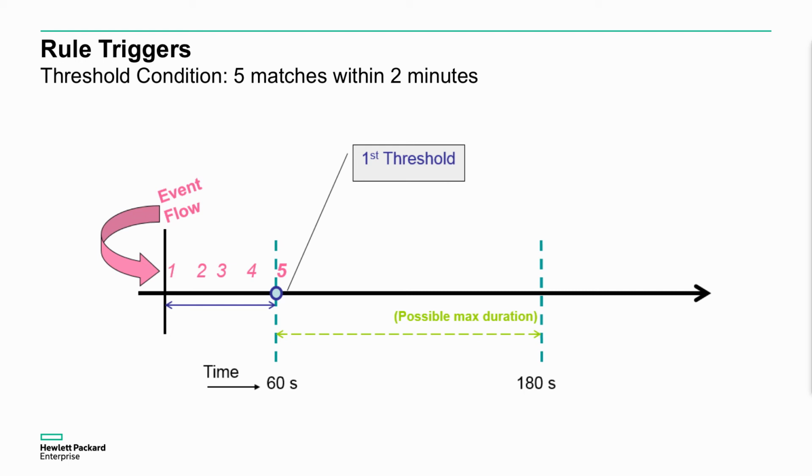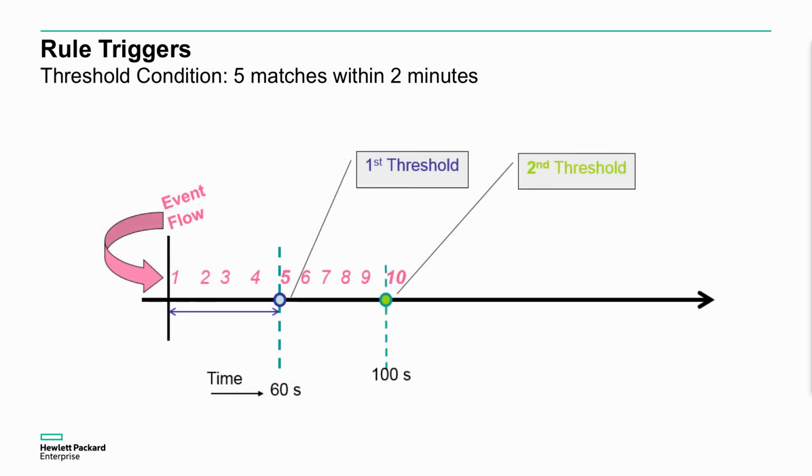The first one matches within 60 seconds, but then we have up to 2 minutes for the next threshold to occur. So the maximum time period is up to 180 seconds. Remember, if we don't trigger on the first one, we can trigger on the second one, but in that case it's up to 2 minutes from the end of the first trigger.